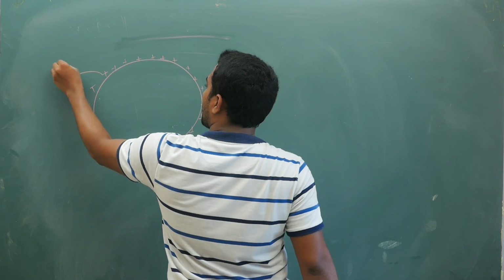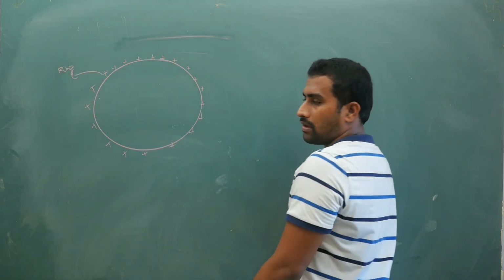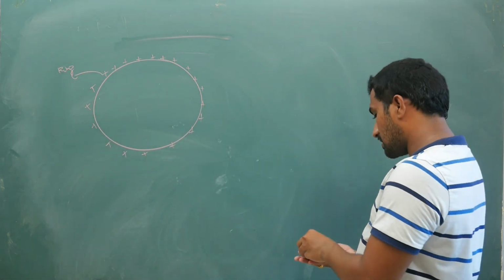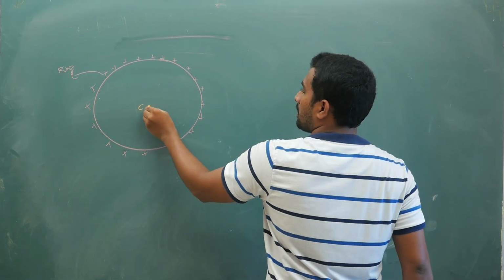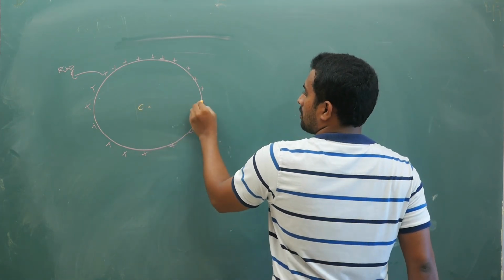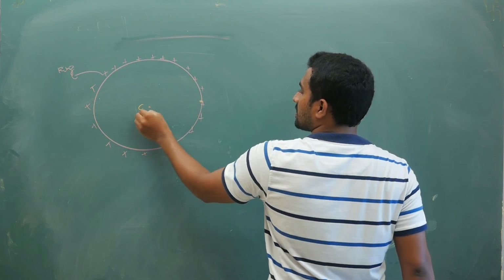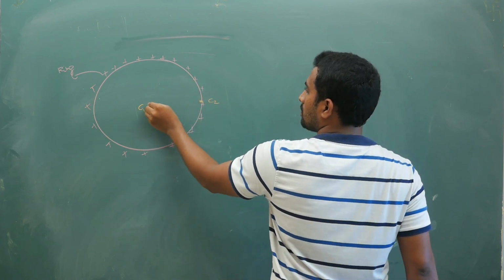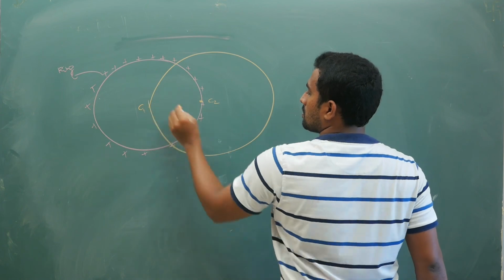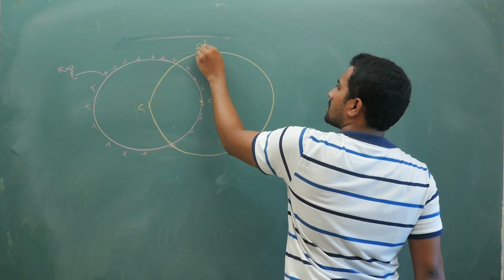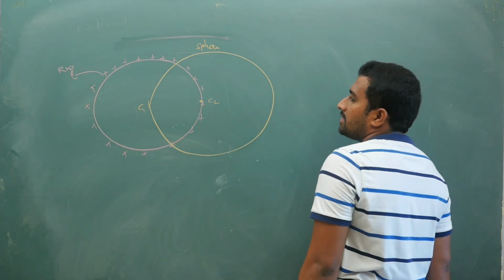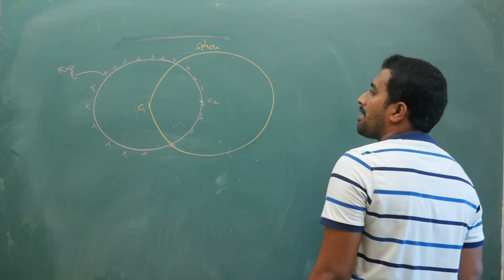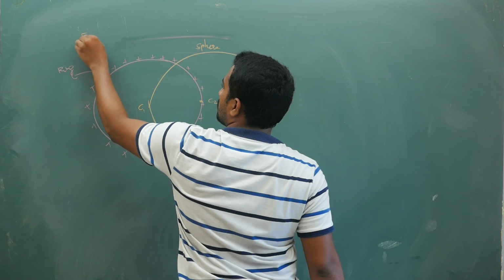This is the ring. Now I am inserting it into a sphere. Both radii are R. This is the sphere, this is the ring. The question is, find the flux through the sphere.